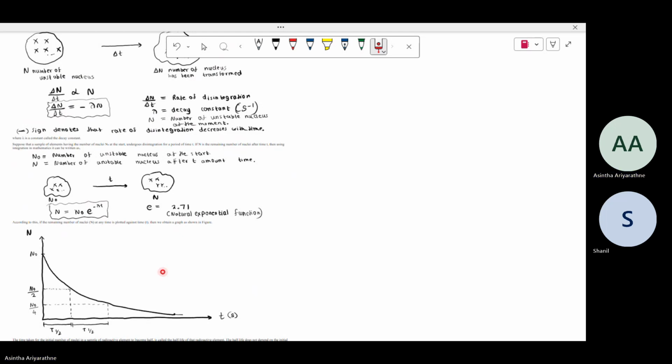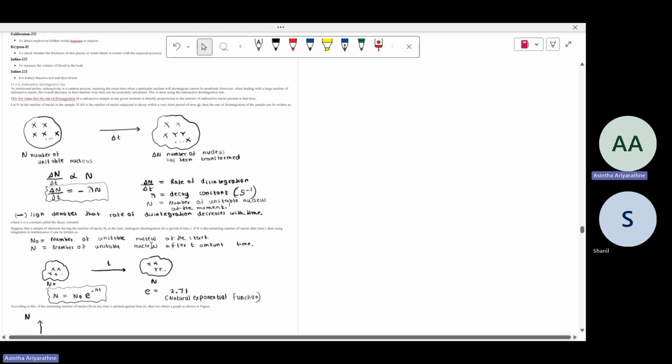When we consider this sample, initially there are n number of unstable nucleus. For example, say we have a sample having 10 unstable nucleus, so n is equal to 10.